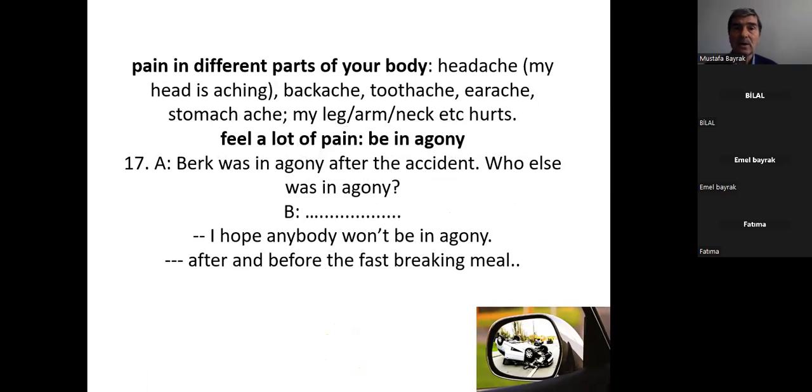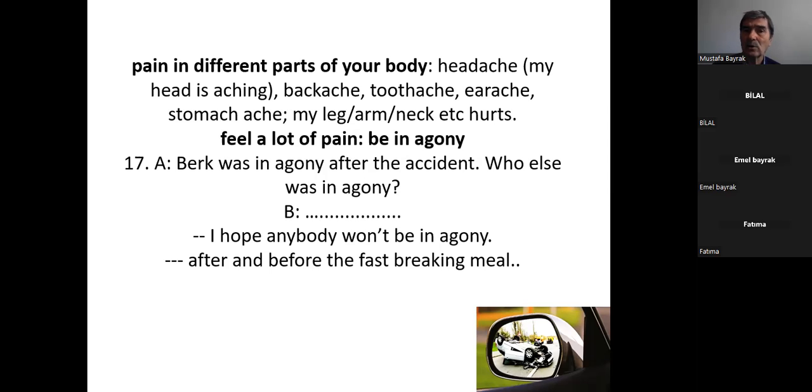Pain in different parts of your body, headache, for example. My head is aching is also possible. Backache, toothache, earache, stomachache, my leg, arm, my neck hurts is also possible. I feel a lot of pain. I am in agony, also possible. 18a.